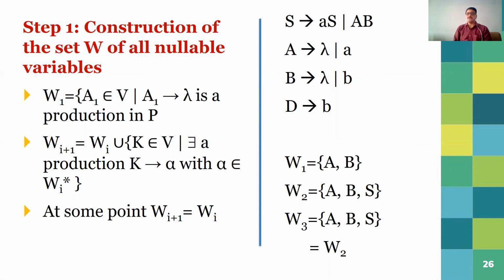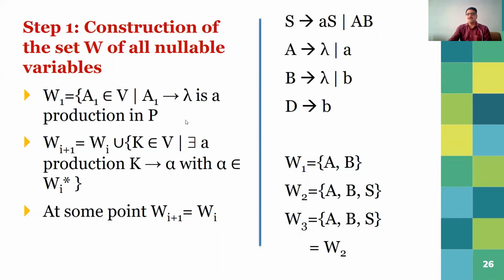Step one is that we have to construct the set of all nullable variables, you can say. Here we have to construct a set of variables that are producing null, and then similar to the previous one, we will try further steps.